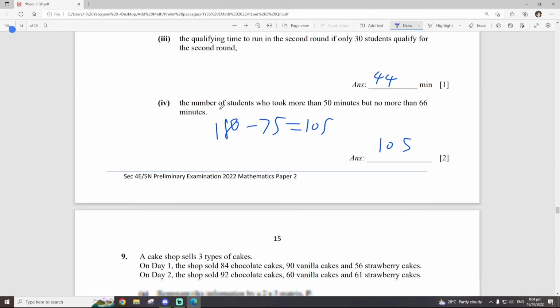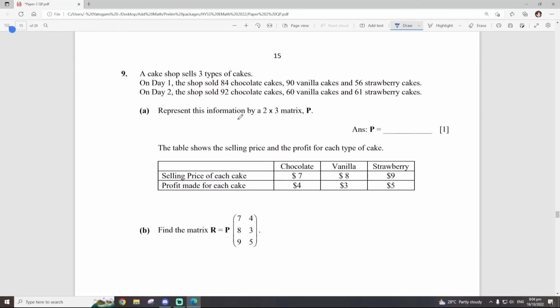Okay. A cake shop sells 3 types of cakes. On day 1, the shop sells 84 chocolate cake. Okay, so this is a matrix.